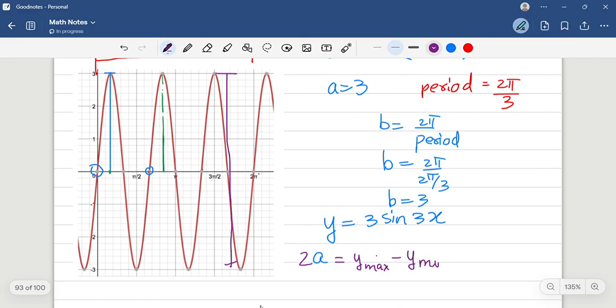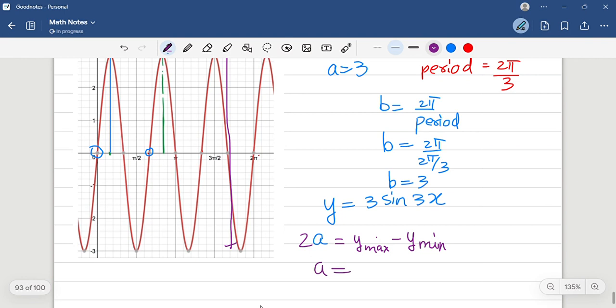That gives us that the A value can easily be found as (y maximum minus y minimum) over 2. You can apply this for any complicated questions that would be asked.